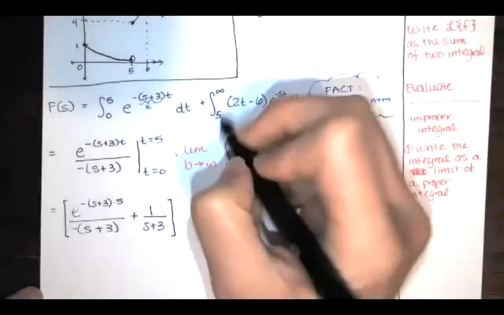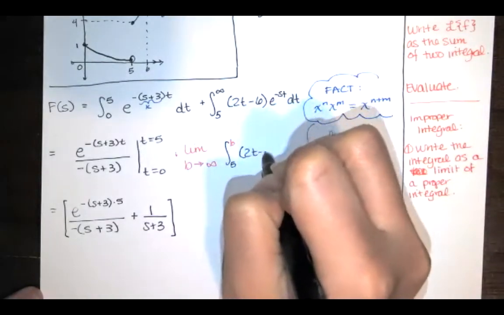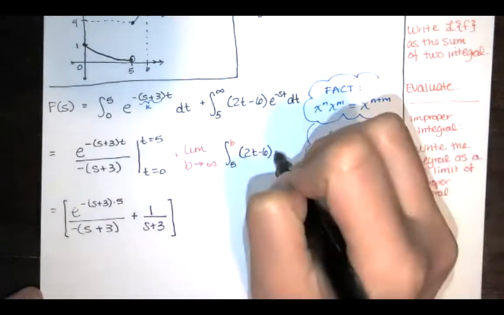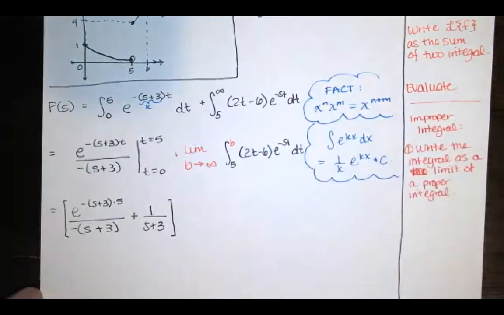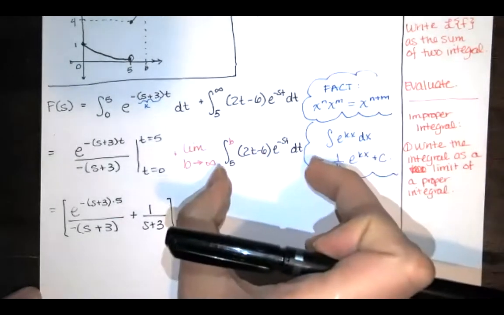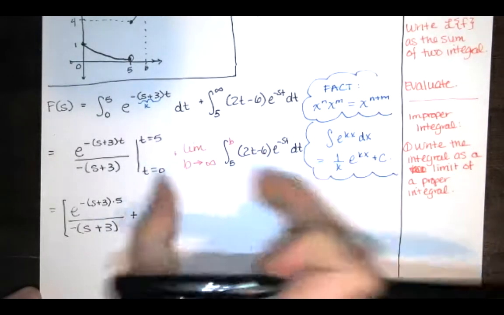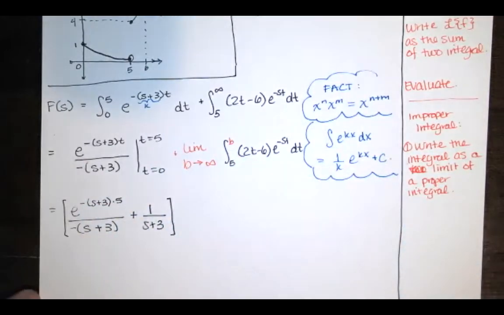That's giving us a certain area under the curve, or the curve given by 2t minus 6 times e to the negative st, where s is just a parameter. And that's going to give us a specific area in terms of b. And then we want to say to ourselves, okay, well, what happens to that area as b goes to infinity?